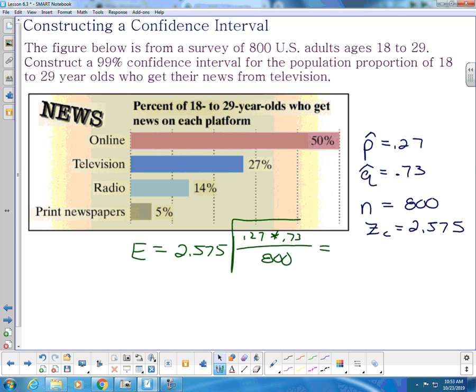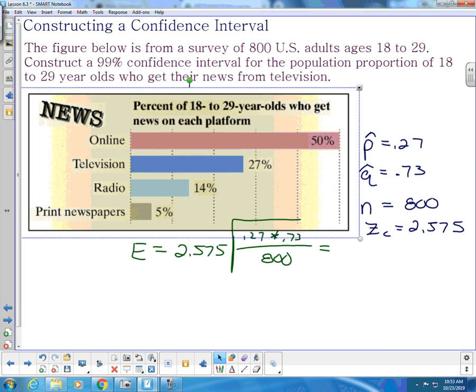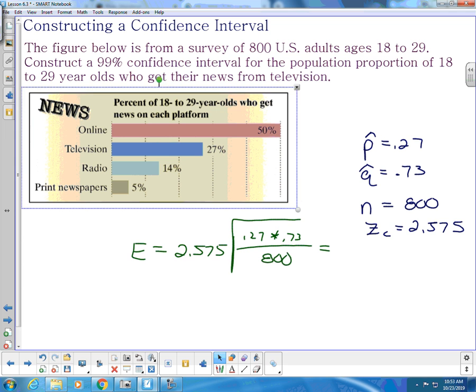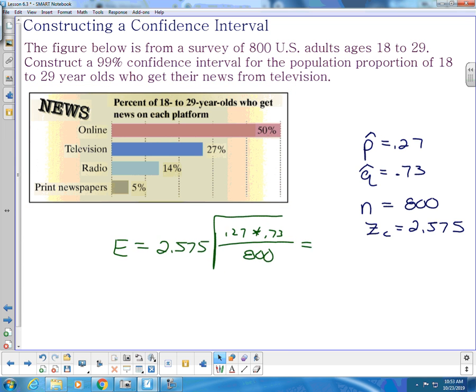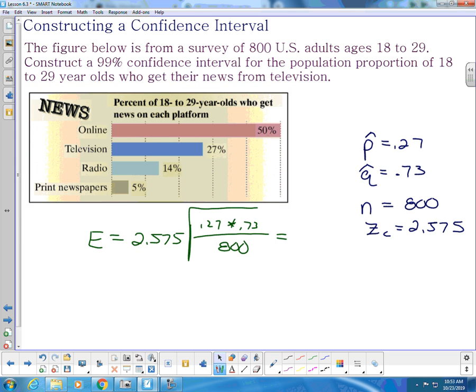What's my margin of error here? I got 0.04. So if I add 0.04 to 0.27, I get 0.31.